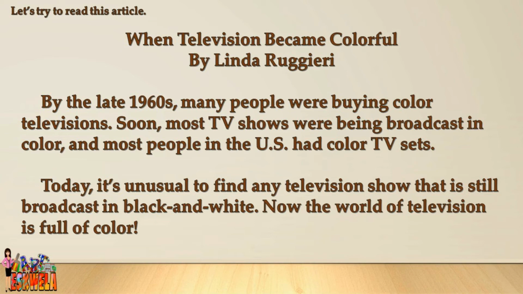Soon, most TV shows were being broadcast in color, and most people in the United States had color TV sets. Today, it is unusual to find any television show that is still broadcast in black and white. Now, the world of television is full of color.